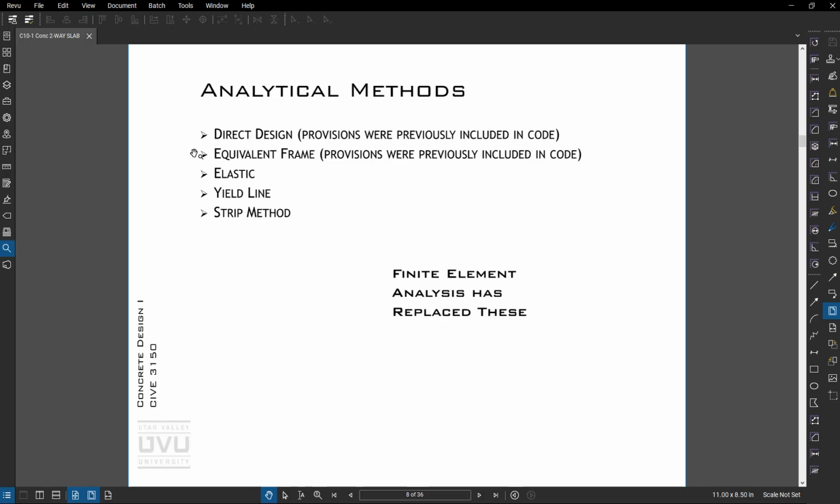Those were taken out in 2019, mainly to catch up with the fact that finite element analysis has replaced pretty much all of these methods. The direct design method has very strict rules on how you can use it, or limitations. And with finite element analysis, you really have no limit on geometry, loads, etc.